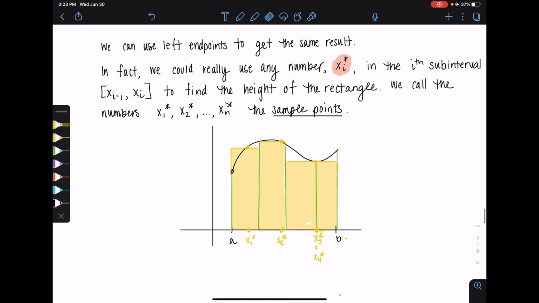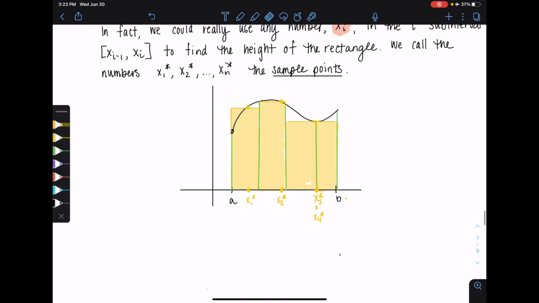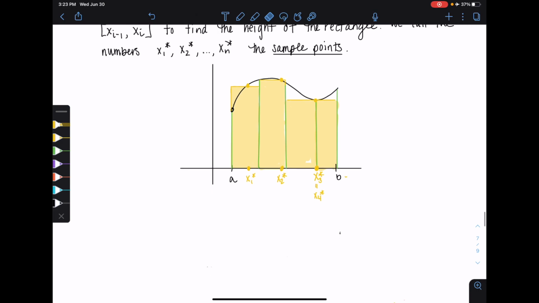Okay. With this idea, because you do get the freedom to kind of pick, we have something called our lower and upper sums, which basically indicate which point you pick to give you an over or under approximation.